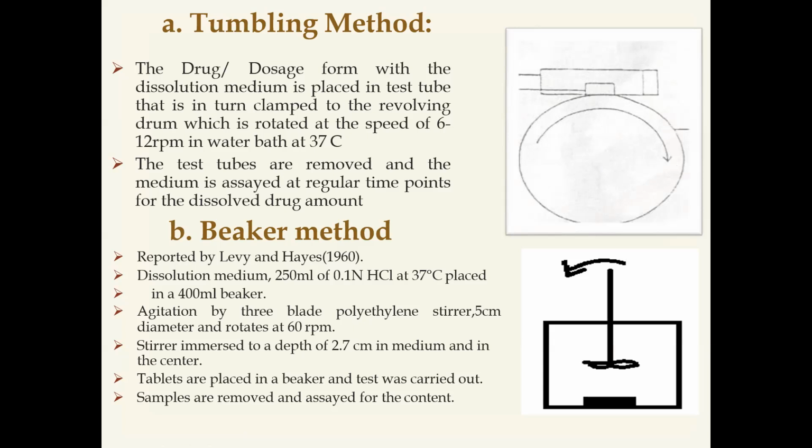After mounting the dosage form in a test tube, the drum is rotated at 6 to 12 RPM in a water bath. After that, the test tubes are removed and the medium is assayed at regular time points for the dissolved drug content. We take the samples and analyze them. This is the tumbling method.